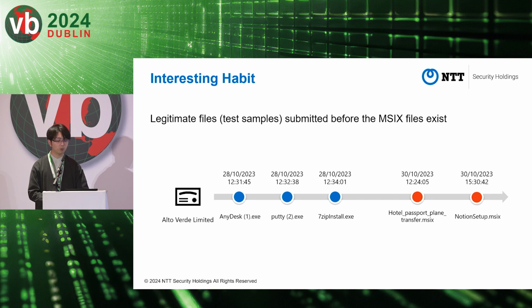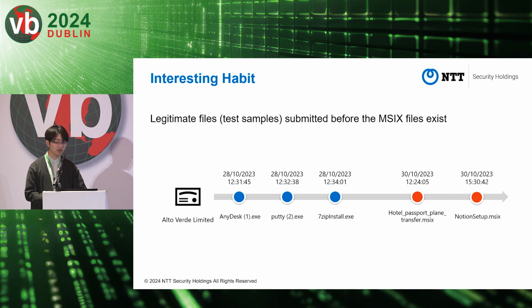Among the samples we analyzed, we found an interesting case. The certificate which is used to sign the MSIX files had already been used to sign non-MSIX samples. This happened even before any of the MSIX files were submitted. On the timeline, the blue circles represent these earlier samples.